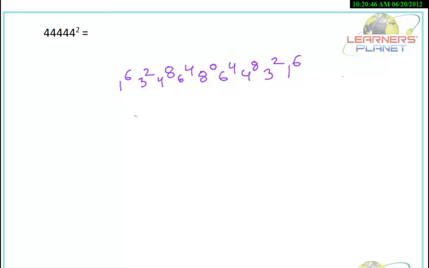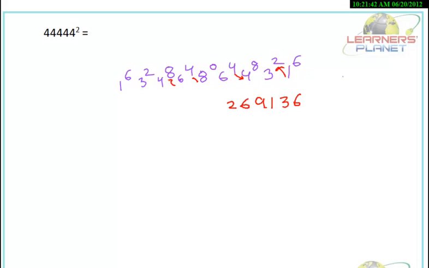Let's finish the calculation by adding the carryovers. What it will be? It's 6, then 2 plus 1, 3, 3 plus 8, 11, 4 plus 4, 8 and 1, 9, then 6 plus 0, 6, 8 plus 4, 12, we'll write 2 and 1 will be carried.